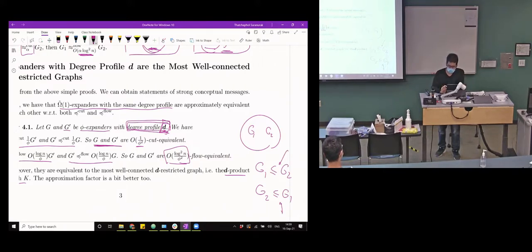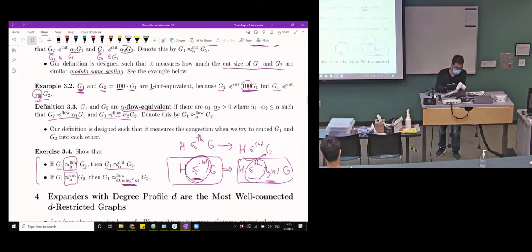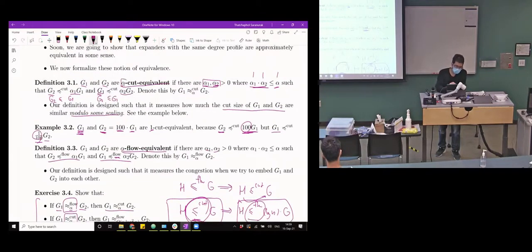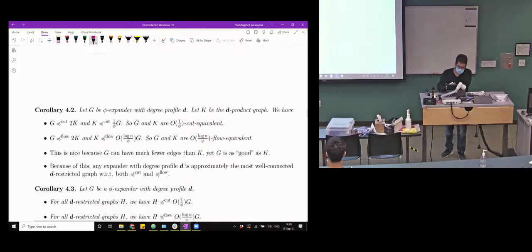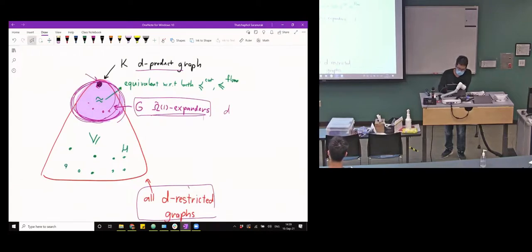So G1 is equivalent to G2, ignoring the factors. So it is alpha equivalent: if you ignore some factor, then they are the same. And by equivalent here I mean log squared, or over phi, equivalent with flow and cut.